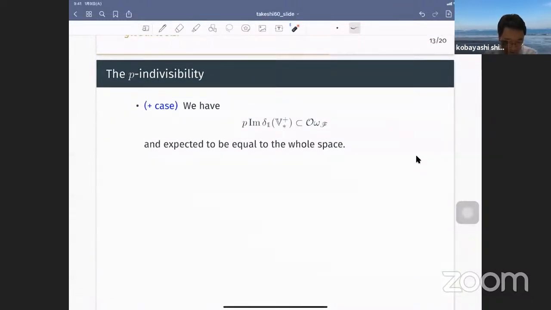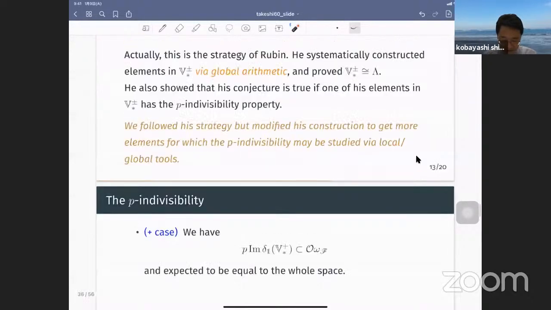So for the plus case, for V plus, the p-indivisibility is in this form. This is the image of the dual exponential map. And yeah, if there's no plus, it is equal. So we expect that even for V plus, the inclusion must be equal. Then this is the p-indivisibility property of V0 plus.